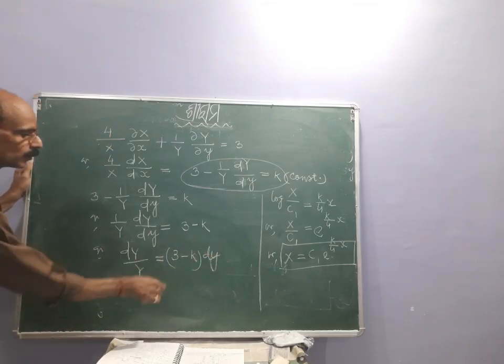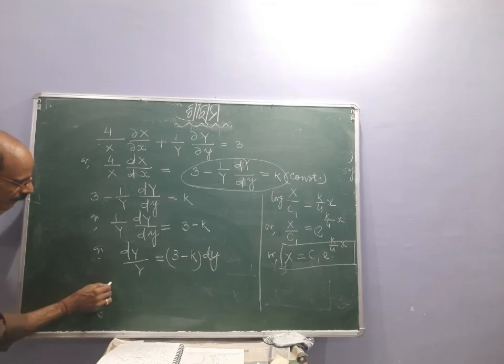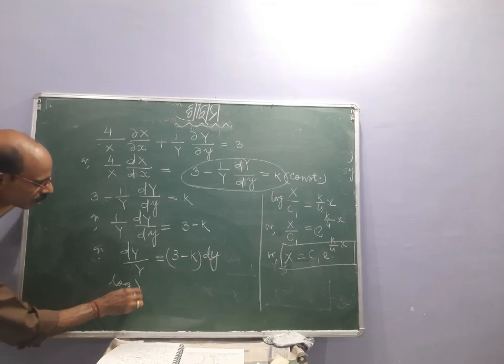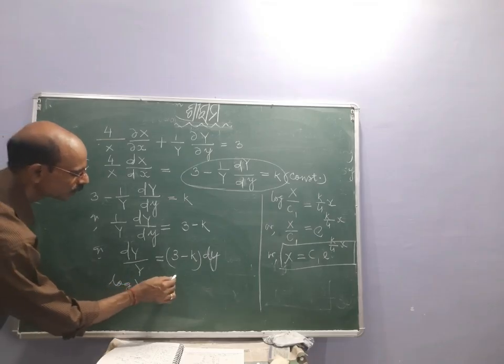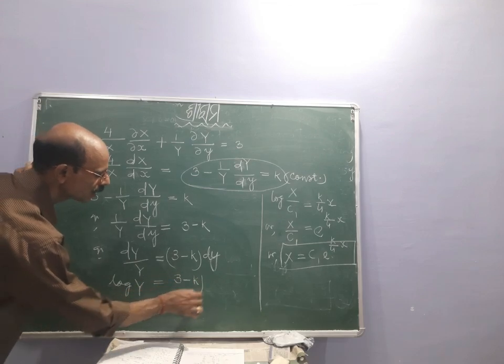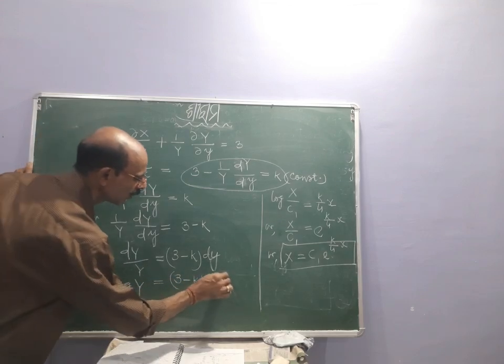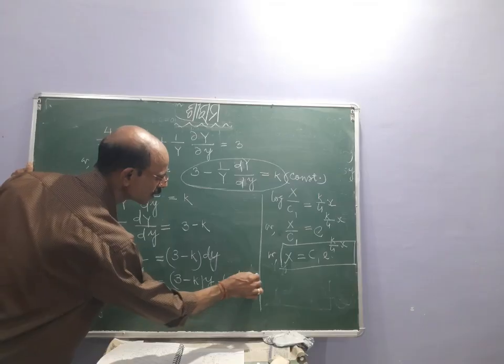Now integrate both sides. Integrating both sides, we get log Y is equal to (3 minus k) y plus log, say c2.